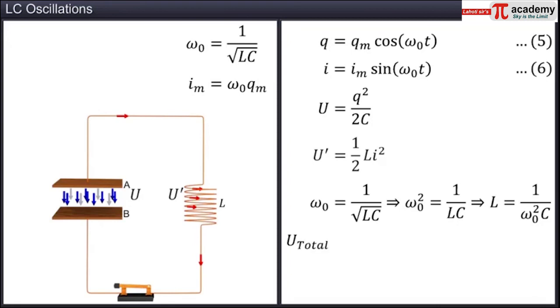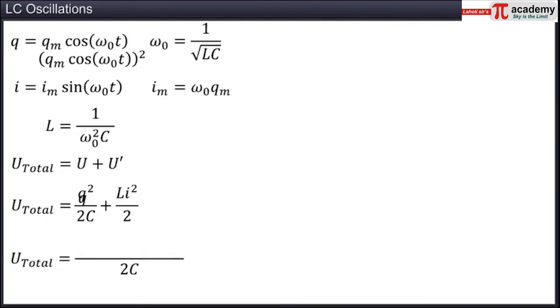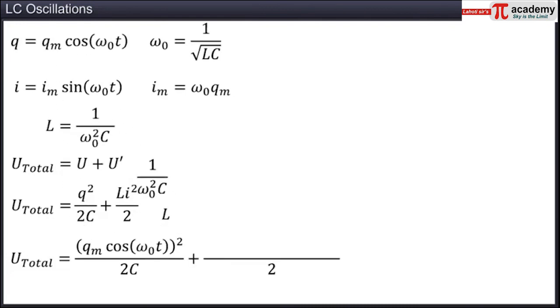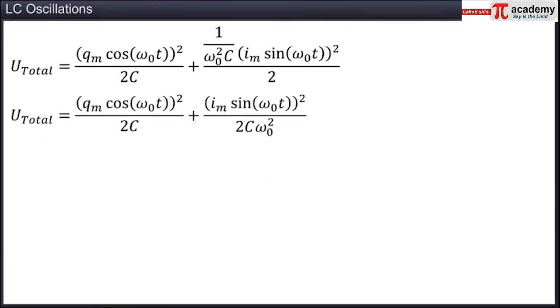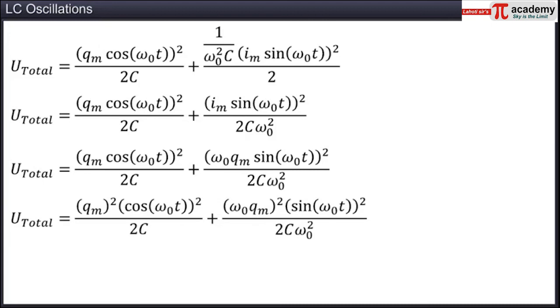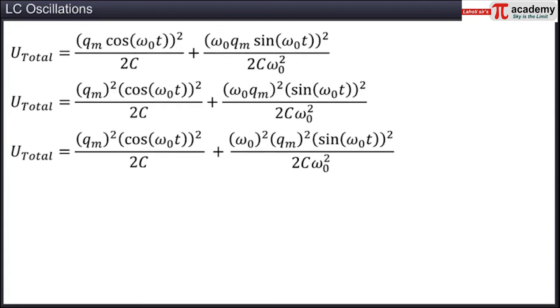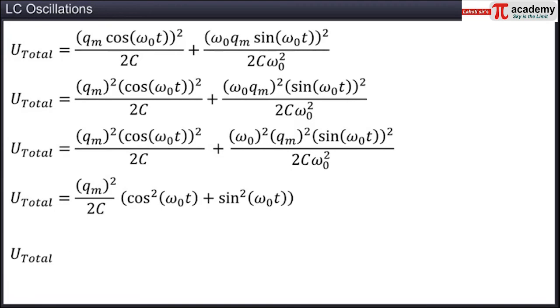The total energy, U total, of the circuit is the sum of the energy stored in the capacitor and the energy stored in the inductor. Thus, U total is equal to Q square by 2C plus half Li square. Substituting the values of I and Q in this expression and simplifying, we get U total is equal to Qm square by 2C.